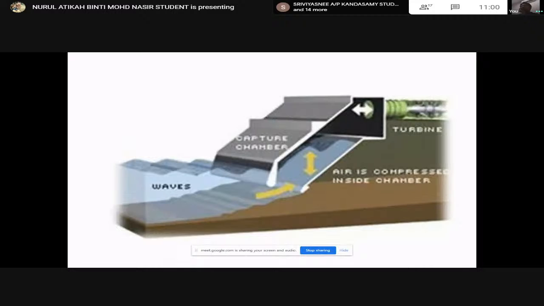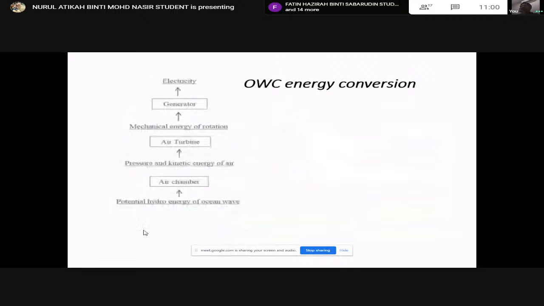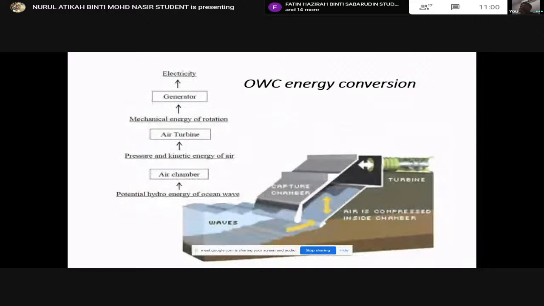The air is compressed inside the chamber and forced forward and backward through the turbine, causing the turbine to rotate. This generates mechanical energy that is converted into electricity by a generator.